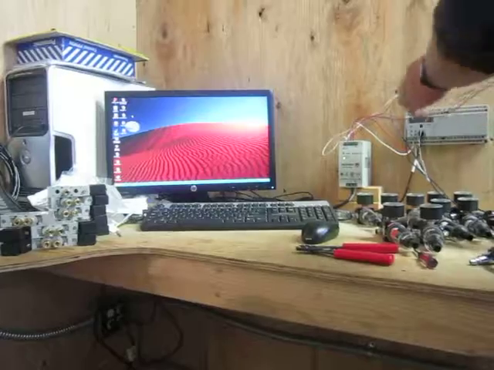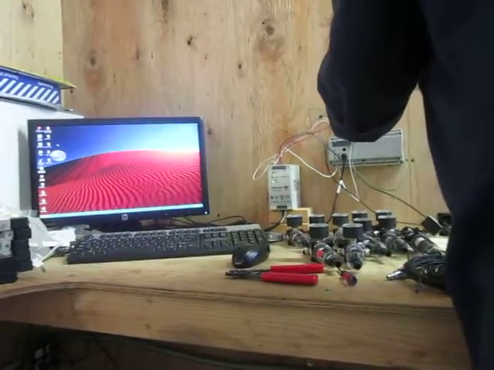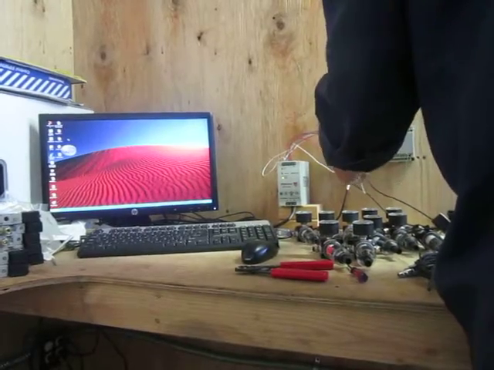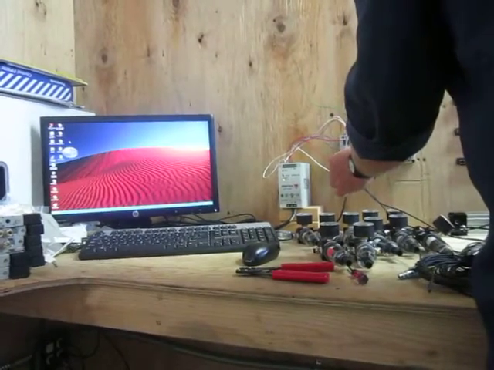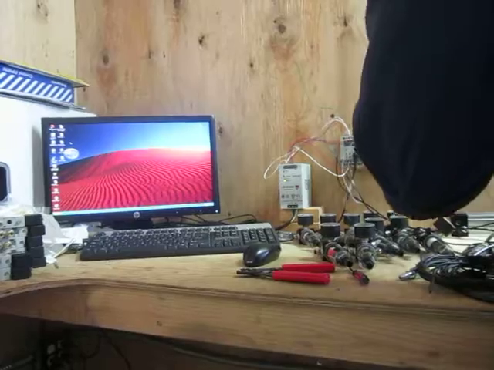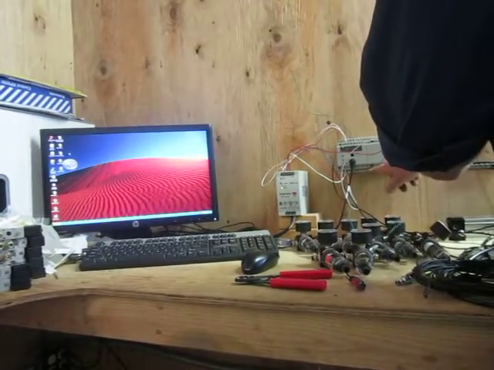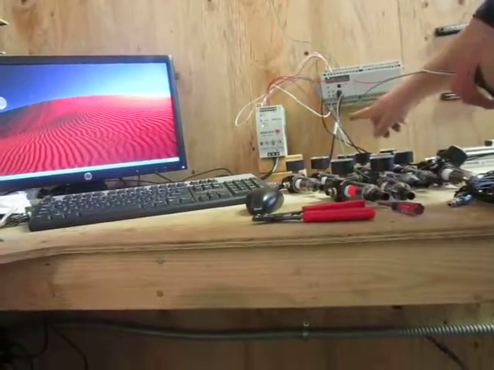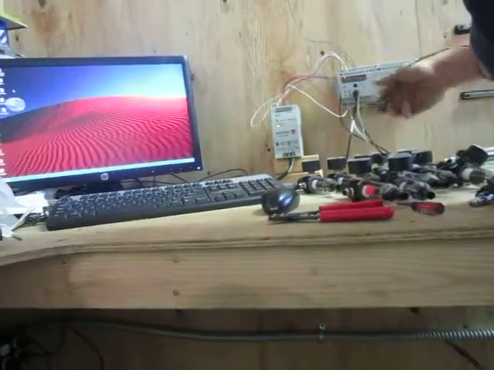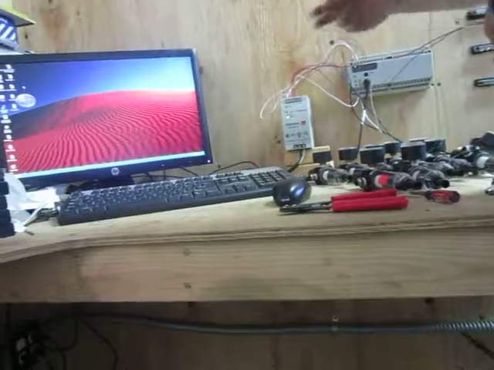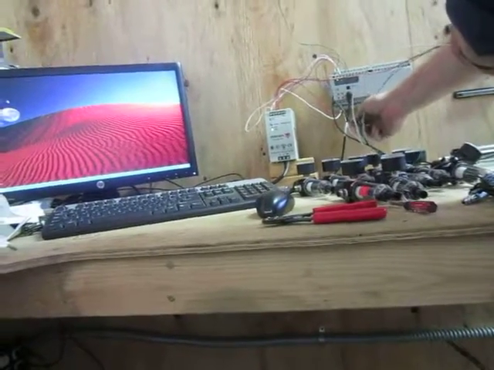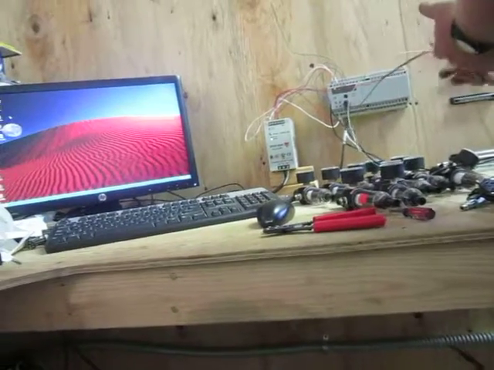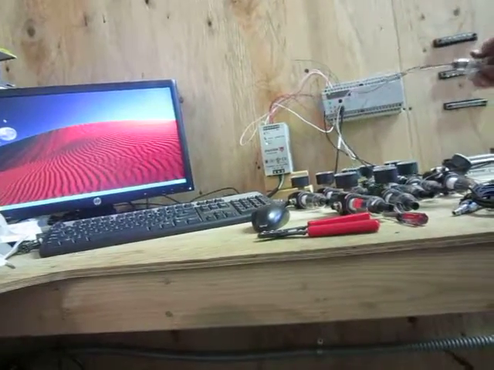On the output side, you have your positive that goes straight to the positive end on the power supply, and then your negative goes to whatever port you assign it to. This one is in Y0, and you see the labeling. So your positive goes to the power supply, your negative goes to the output terminal. It's essentially a switch. That's basically all it is, just turning it on and off and on and off.